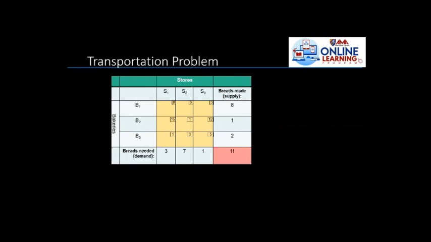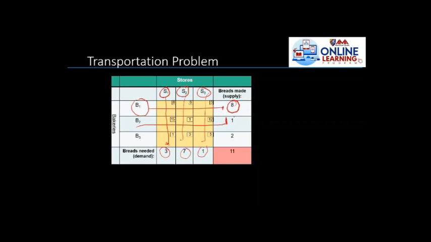So paano ba yan, sir? So let's explain it, yung parts niya. Explain natin yung mga parts. Now, this is store 1, store 2, and store 3. So yung alternate nila, kumbaga yung demand nila, yung kailangan nilang bread per day, ito. Demand. Store 2, 7. Store 3 is 1. Yung bakery naman, kung ilan lang yung kaya nilang i-produce per day, 8 units.